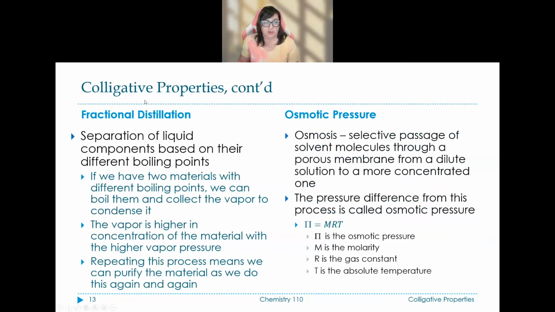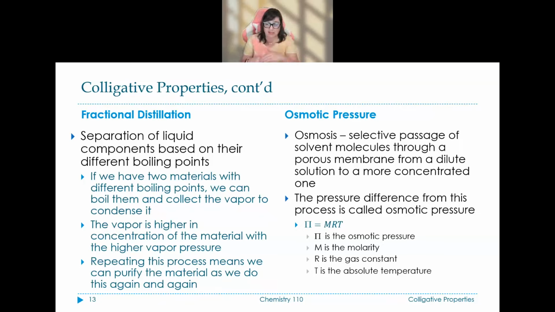A couple of other things that we talk about. Fractional distillation, which we talked about a couple of minutes ago, is the separation of liquid components based on their different boiling points. If two materials have different boiling points, I can boil them and collect the vapor to condense it. The one with the lower boiling point is the one that's going to boil first, and I can collect that gas.